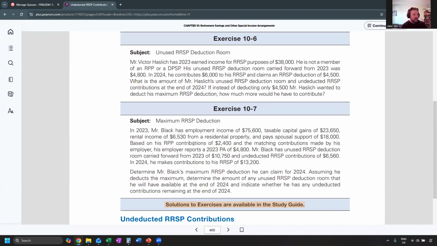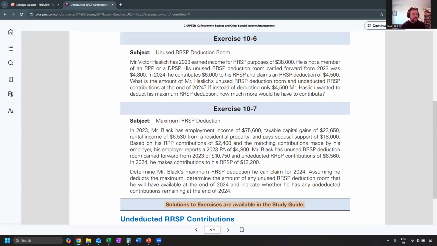Based on RPP contributions of $2,400 and the matching contributions made by the employer, he reports a pension adjustment of $4,800.